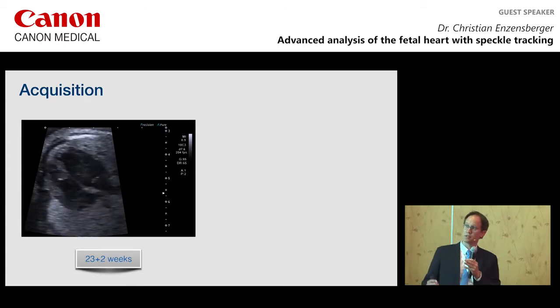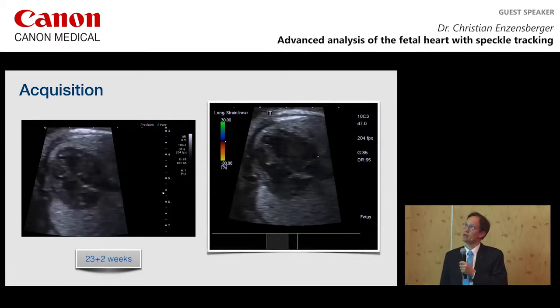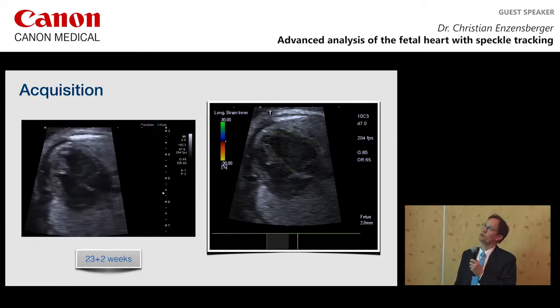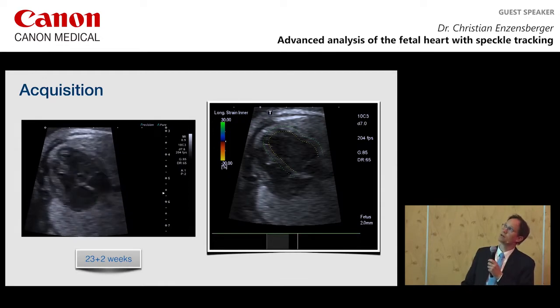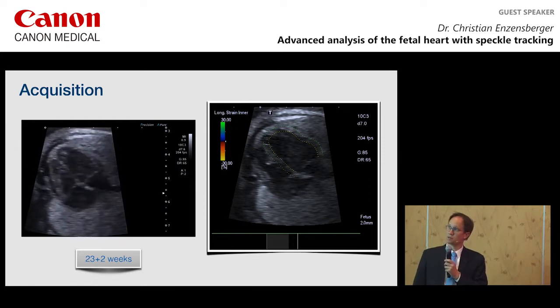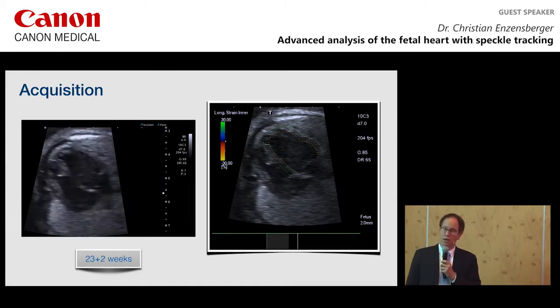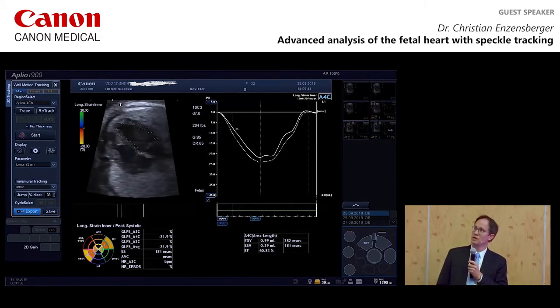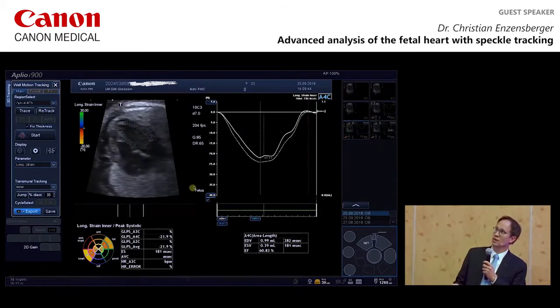As you can see here, it is cropped to one cardiac cycle, and then the next step, which takes maybe only half a minute, is that you trace the endocardial border so that you outline the whole ventricle, and the system will then semi-automatically detect the myocardium, and at the end you get your quick results. You can see the dynamic tracking here on the left.